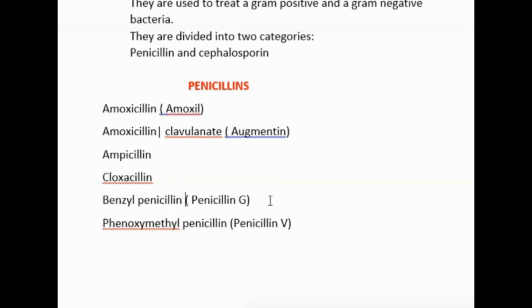So all these penicillins are used to treat a number of severe infections. Now let us see the other group, cephalosporins.